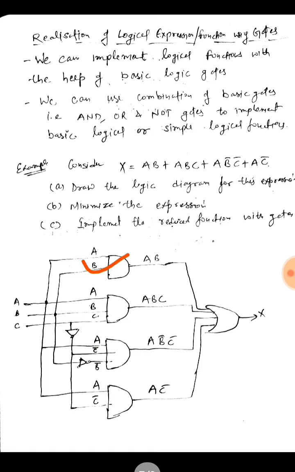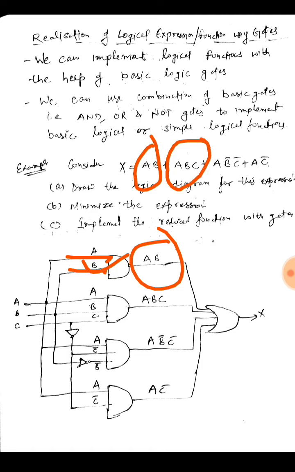For the first AND gate it is A into B, that is A and B are provided at the input, so it will give us AB. Similarly, for the second gate I will be having three inputs A, B, C, so it will provide me ABC. For the third, one input is in the uncomplemented form, that is A, and two inputs, that is B bar and C bar, are in the complemented form.